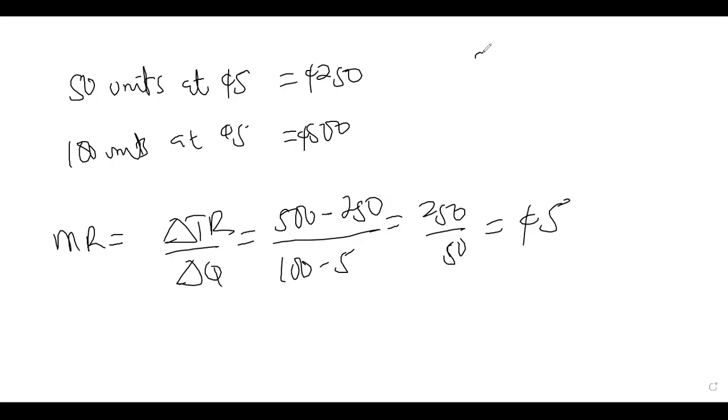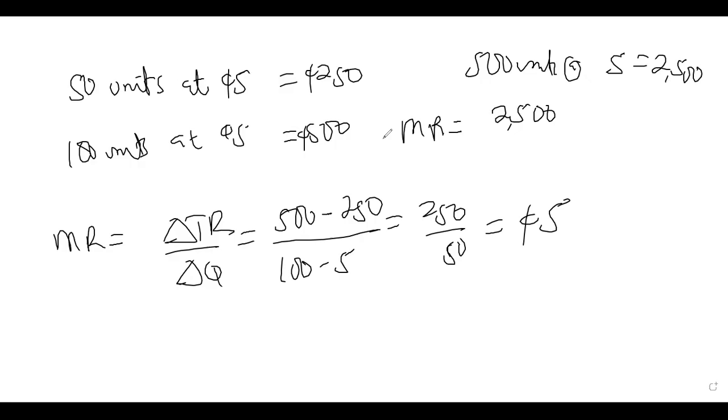Even if I sell 500 units, I'll still sell it at 5 cedis. So 500 times 5, you get 2,500 total revenue. So if I still want to find a marginal revenue, the new change will be 2,500 minus 500 over 500 units of quantity minus 100 units of quantity.